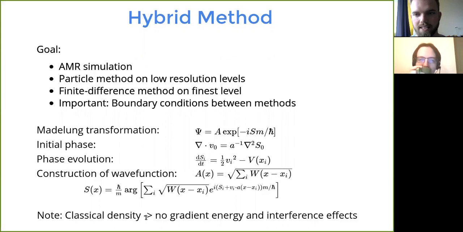So it's a classical density, therefore we don't have gradient energy, and therefore we also don't have interference effects and interference patterns. So we really have to make sure that we reconstruct the wave function far enough away from the halo, so that interference is negligible.